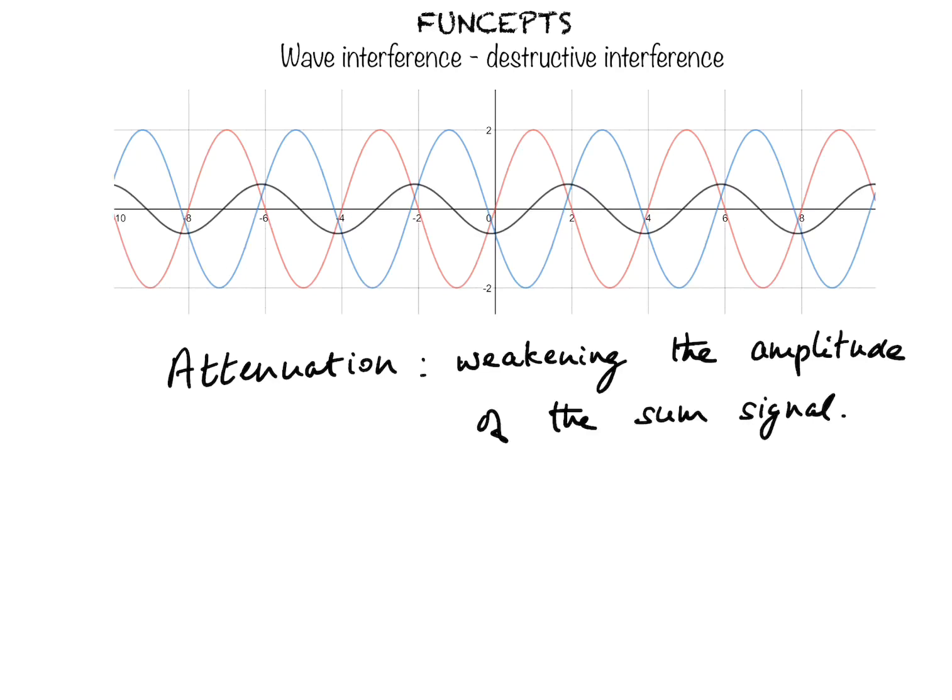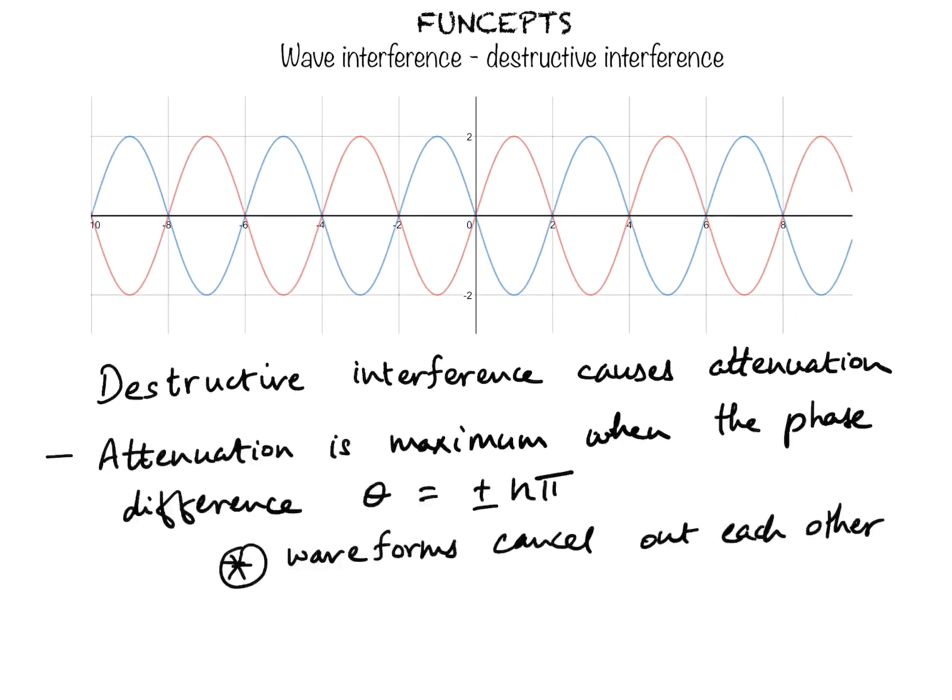Right? So to summarize, what we have discussed in this video is the effect of phase difference on the sum of two waveforms that have the same frequency. It can also be more than two waveforms. When the waveforms are in phase, that means the phase difference between them is either zero or in such a way that they do not cancel out each other, then the resultant waveform will exhibit amplification, as we have seen here.